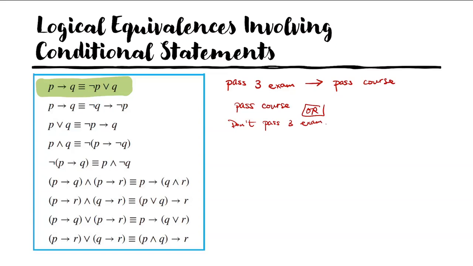Okay, so the next one: P implies Q is the same as not Q implies not P. We showed this in the previous class as well, and this one has a special name.